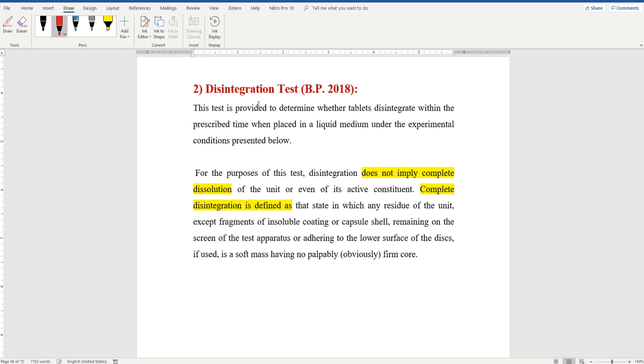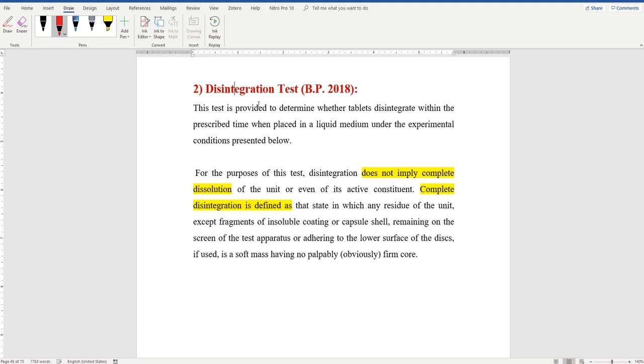Why don't you need to add a disintegrating agent to chewable tablets? Because you chew it in the mouth, you break it by chewing it. So we don't care a lot about doing disintegration test. Of course, disintegration test is not frequently done. It's done in certain cases.